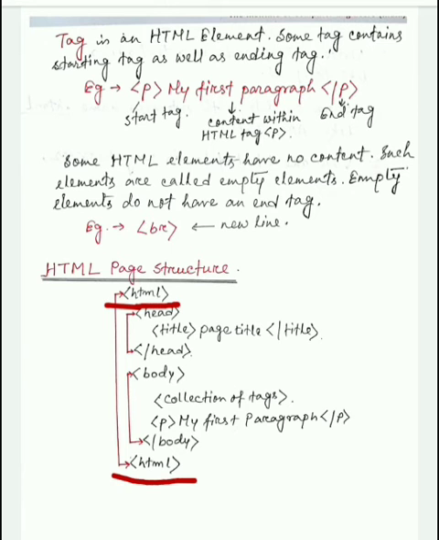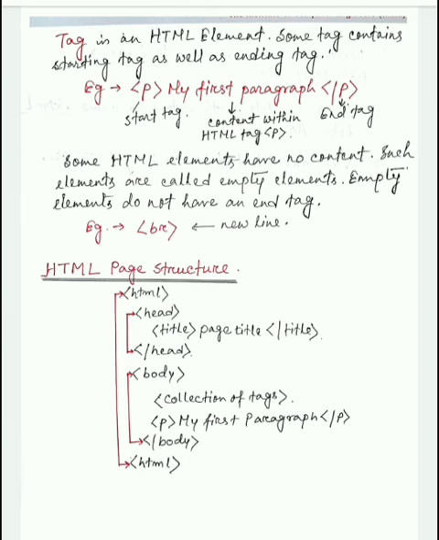Here I have written it wrongly. There must be one backslash. Okay, so every HTML has its opening tag and there must be a closing tag. Every HTML page should start with the open HTML tag and end with the close HTML tag.